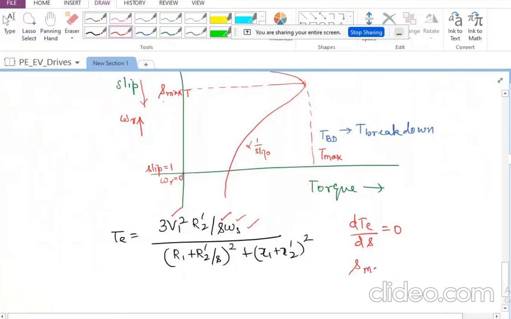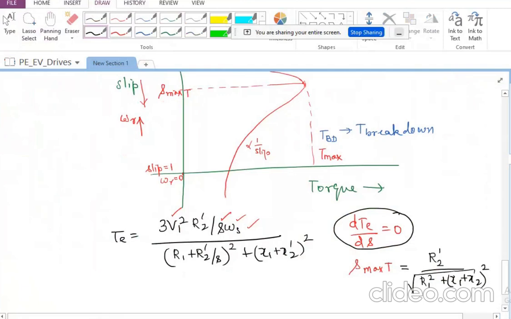So this S max T you can calculate by doing this differentiation dTe divided by ds equal to 0, and that will give you the value of S max T as approximately R2 dash divided by the square root of R1 square plus X1 plus X2 dash, the whole square.